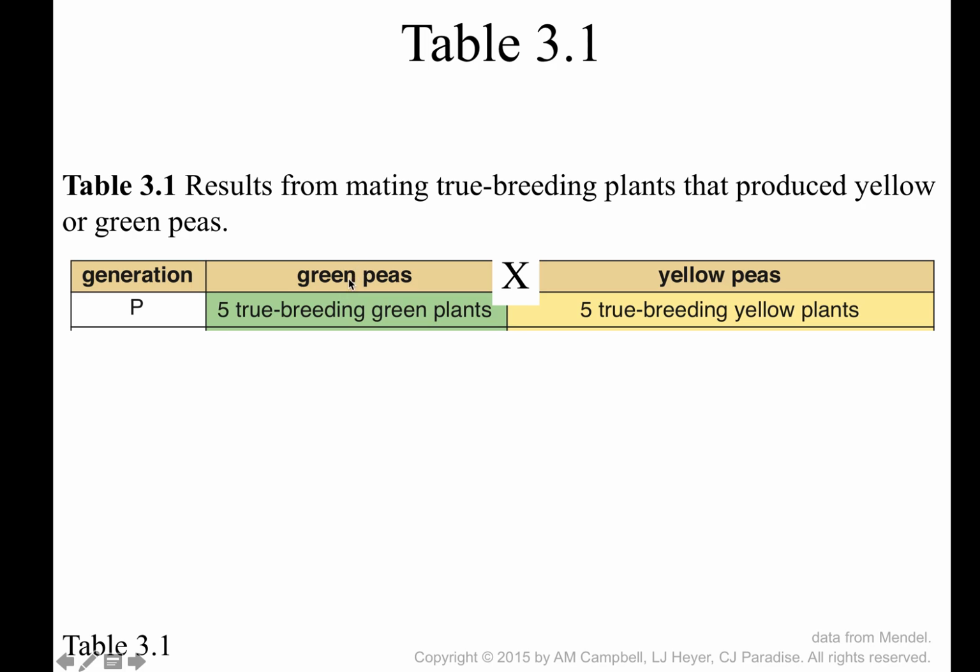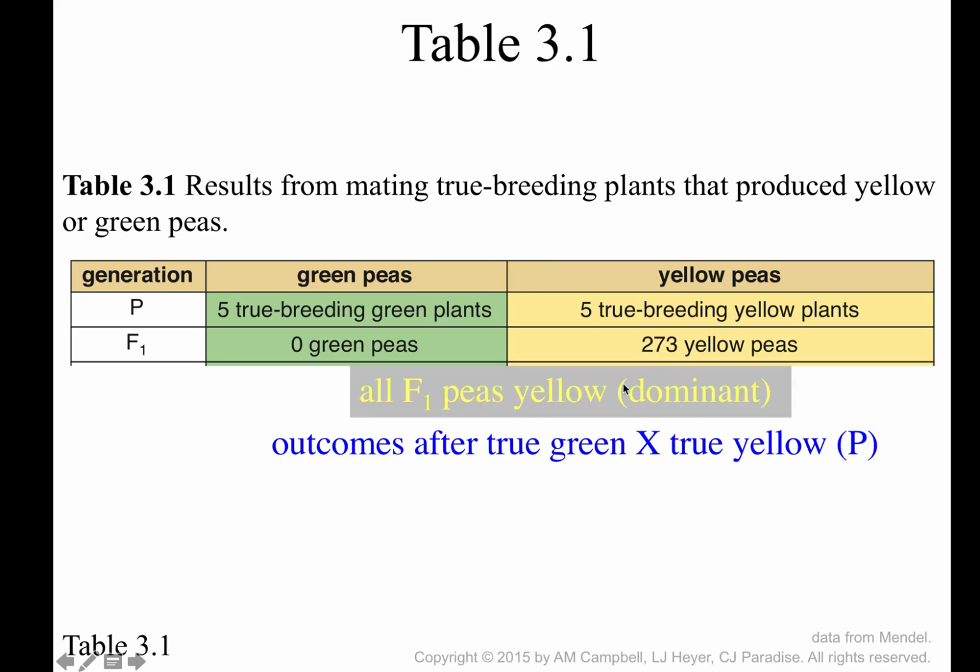Now, if you crossed the ones that always produce green seeds with the ones that always produce yellow seeds, you get the F1 generation, and they're always yellow. And it doesn't matter if the mom has green seeds or if the dad has green seeds, always, all the peas are yellow.